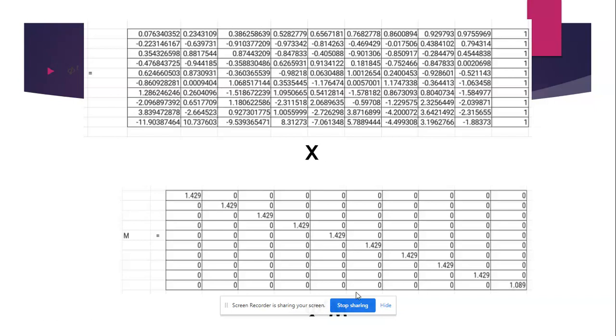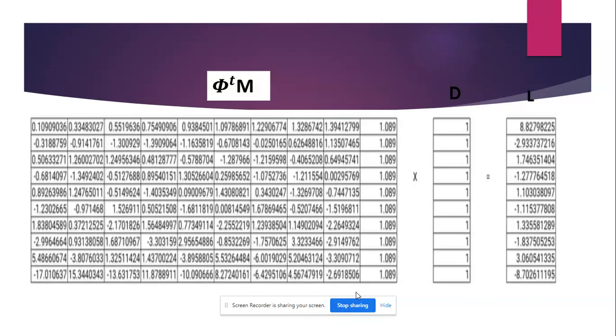Then we multiply it by D, with the value of 1 from mode 1 to 10. This is the result we got earlier. We multiply it by D, and it will give you L, the coefficient vector.